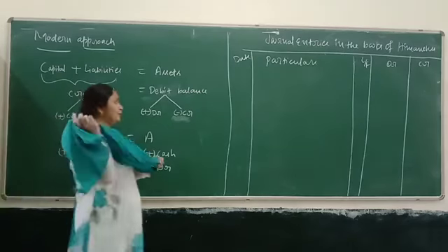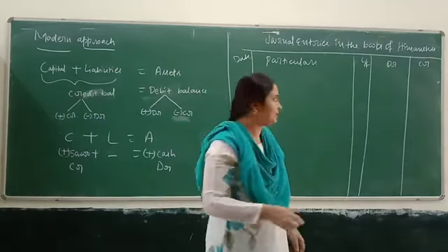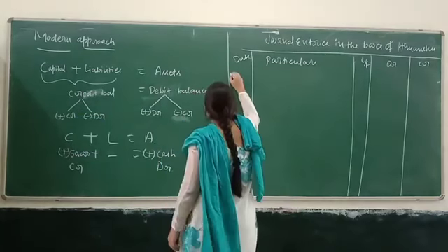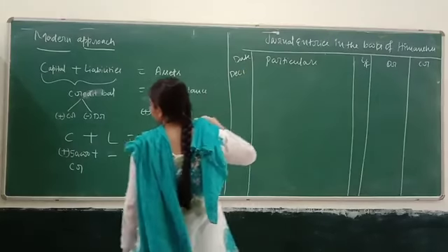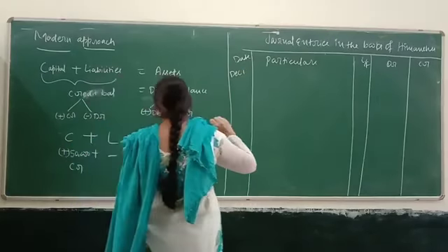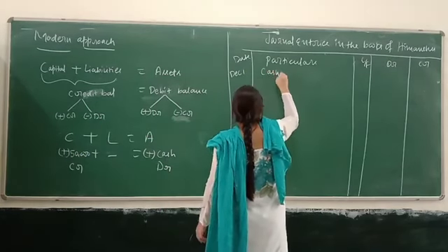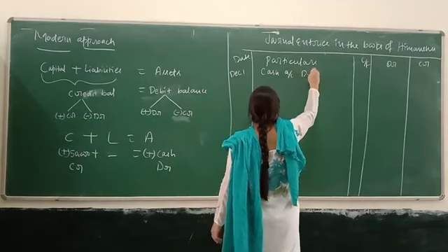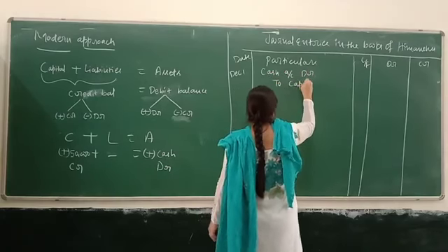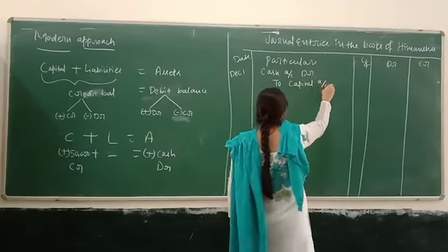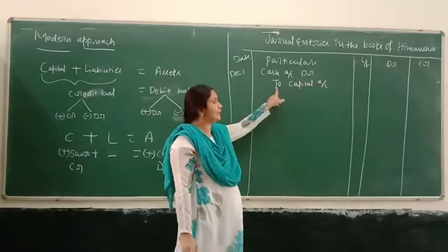So what should I debit? What is the date of the transaction? December 1st. Cash account debit to capital account. The 'To' here refers to credit.